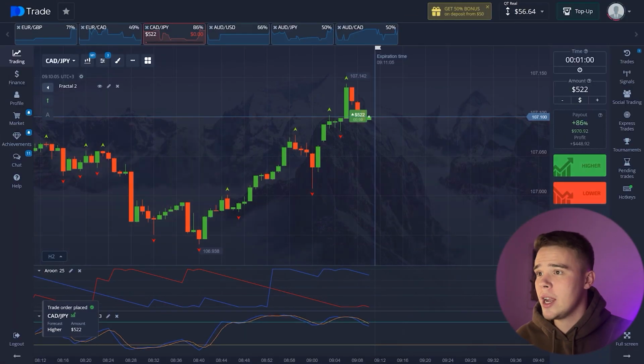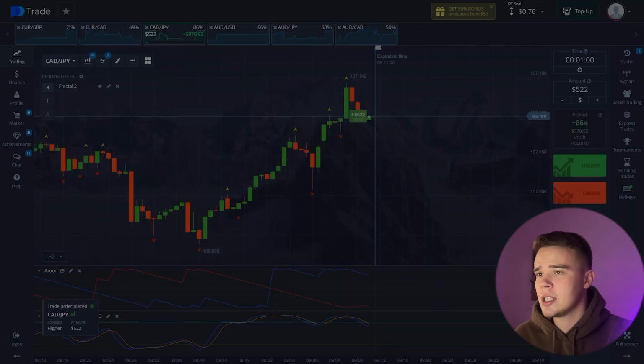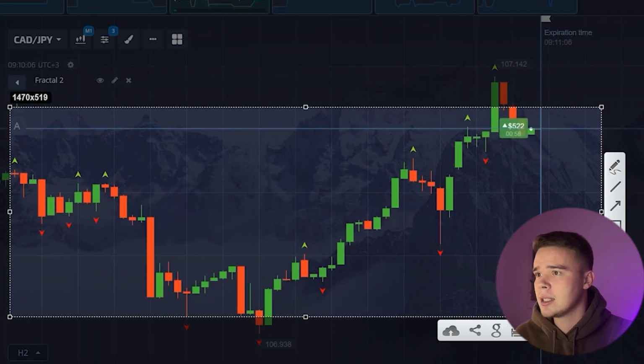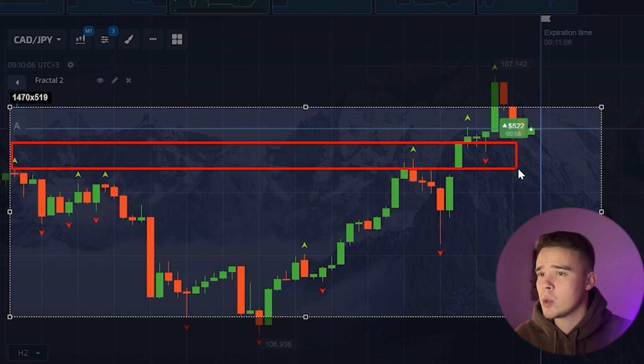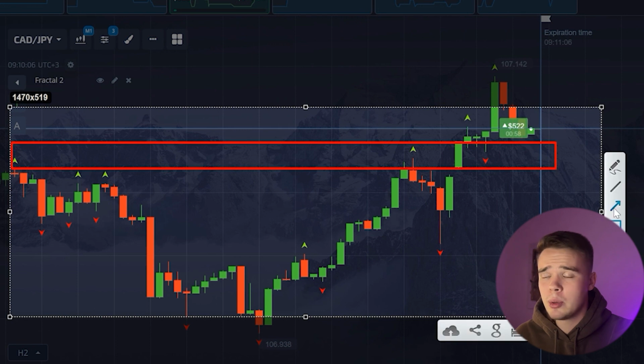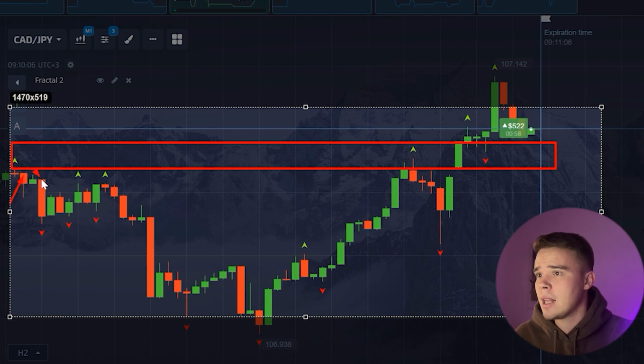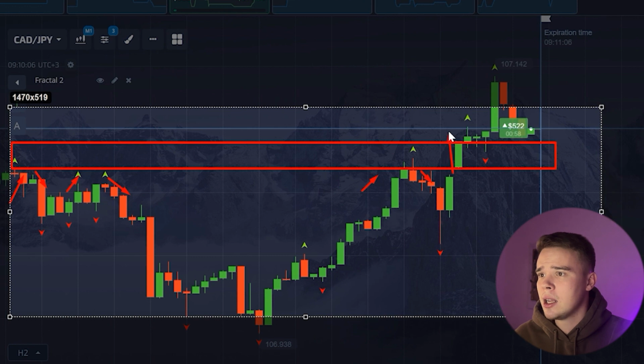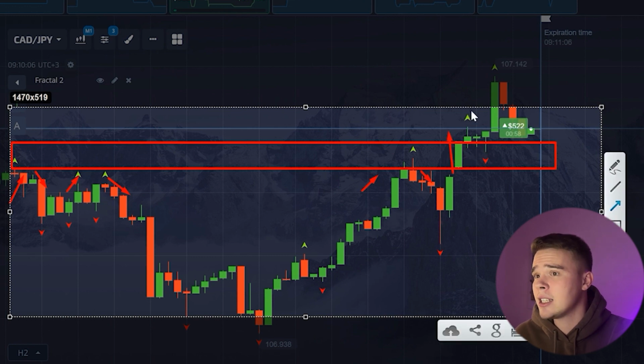And now an up trade, and it's not based on the indicator signals. Watch this. Here you see a resistance level that has pushed the price down repeatedly. But after the price was able to break it up, the level turned into support. And now the price is coming down to this level again, and I expect it will bounce upwards.